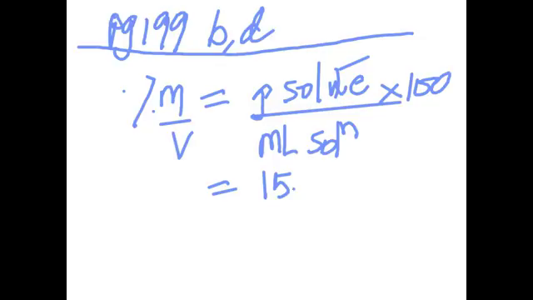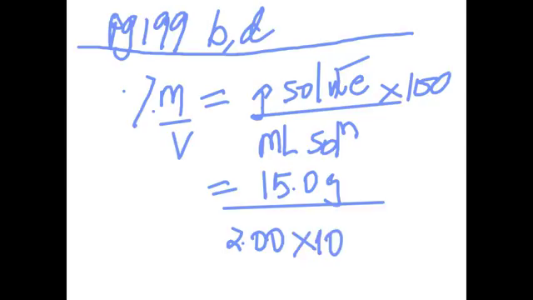You should have got 15.0 grams, divided by how many milliliters of that? 200, but I think we have 3 sig figs in the 0.200. I'm going to write it as 2.00 times 10 to the 2.